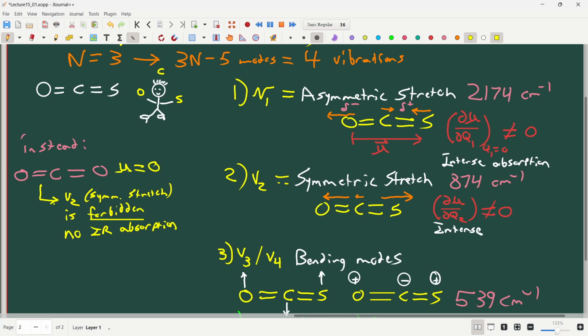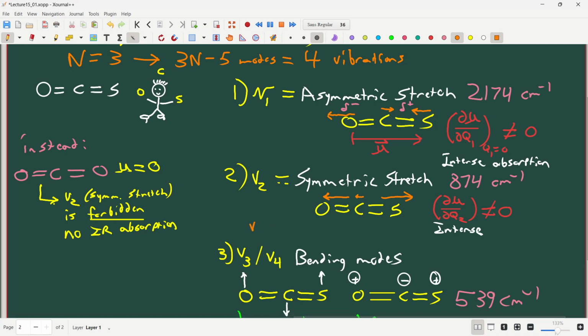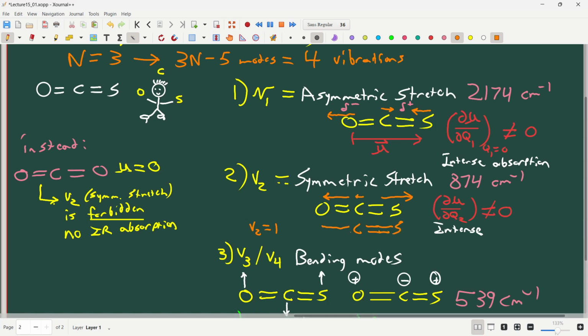Let me just try to draw it. So in v equals 1, if I draw the carbon in the same place, the sulfur will be at a slightly longer distance, but the oxygen will be much further away than it was in v equals 0. The oxygen displaces more than the sulfur in order to keep the center of mass in the same place.